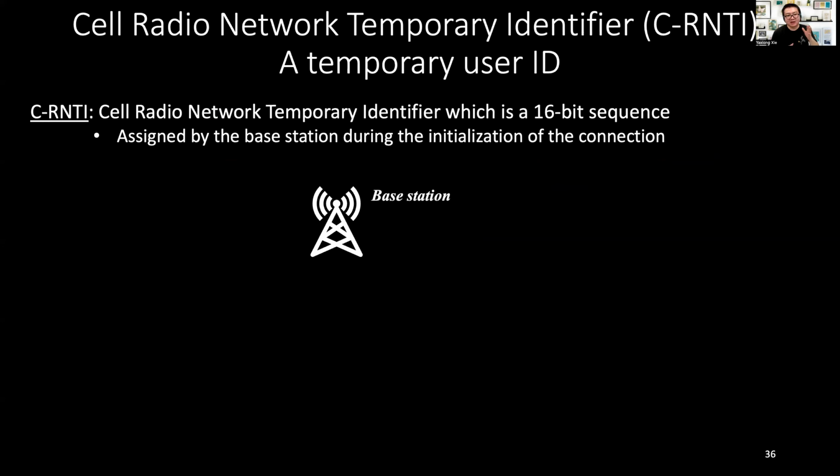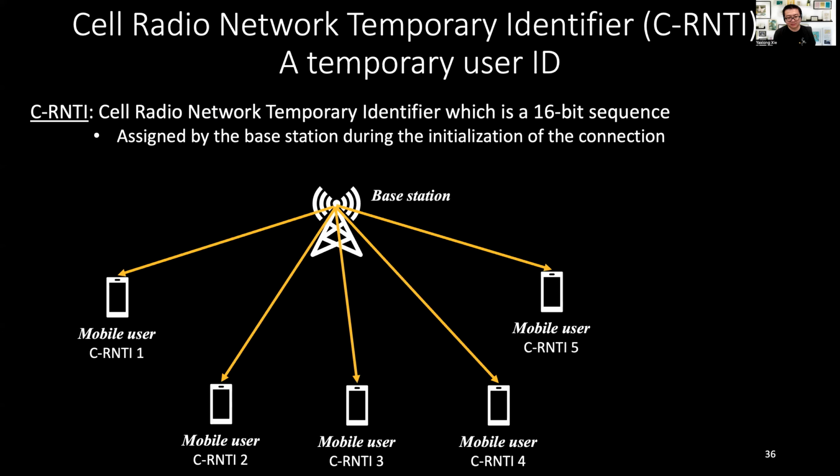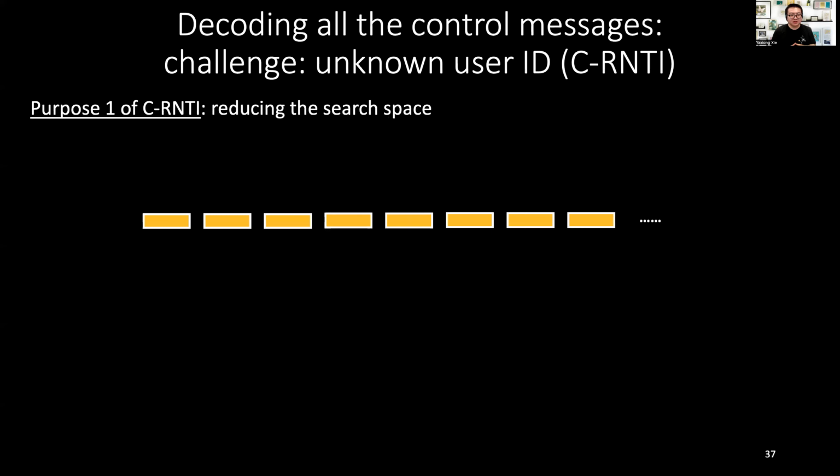The temporary ID is the Cell Radio Network Temporary Identifier. We call it C-RNTI, which is a 16-bit sequence. This C-RNTI is assigned by the base station when the user builds a connection with the base station. The user relies on C-RNTI to reduce the search space.